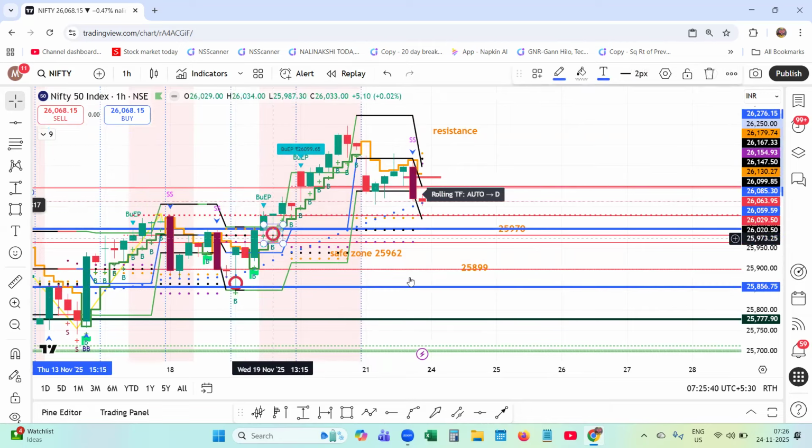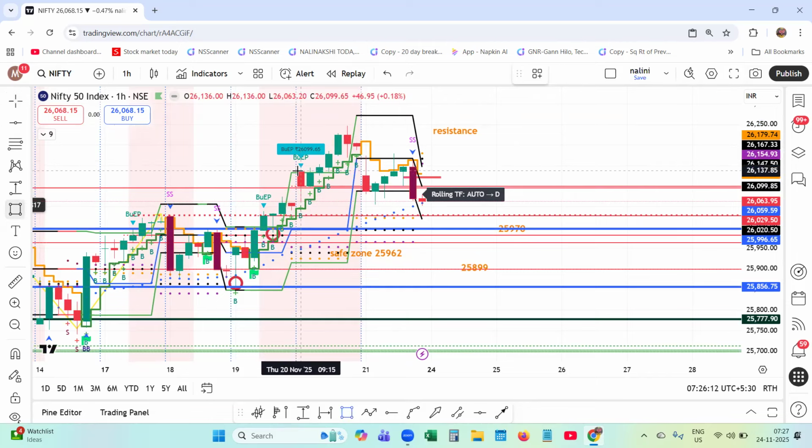Let me remove. These are the episodic pivots. These were ascending CPR and then the CPR at the top has been formed. So resistance is forming around this area. And the bullish episodic pivot candle, the price has broken below this. This is the last bullish episodic pivot and this is the flip level.